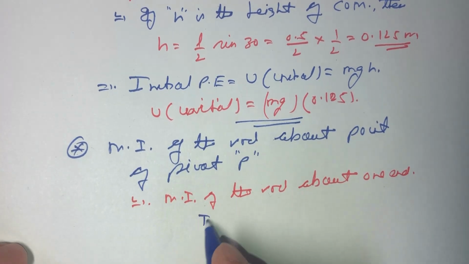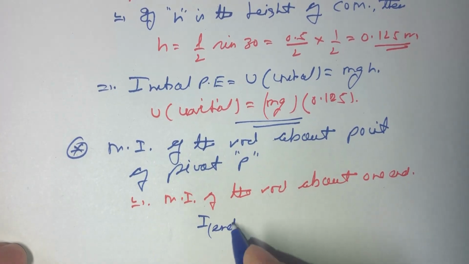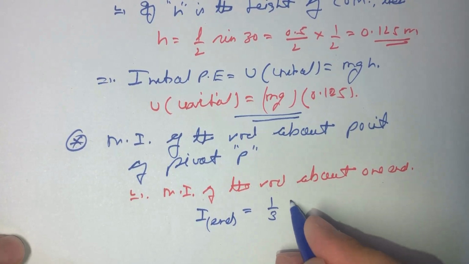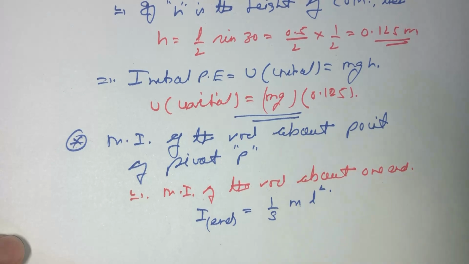So we can say I end will be equal to 1 by 3 mL square.